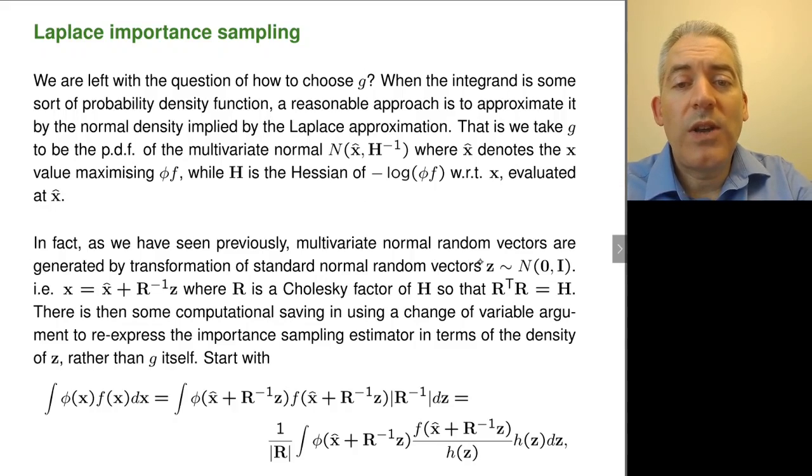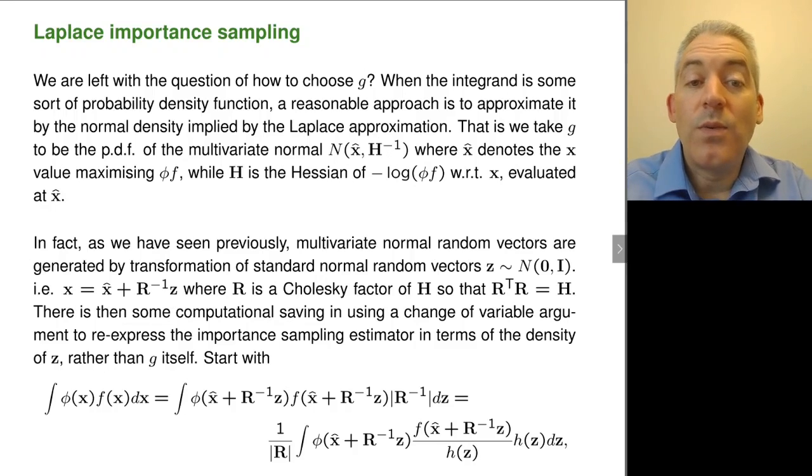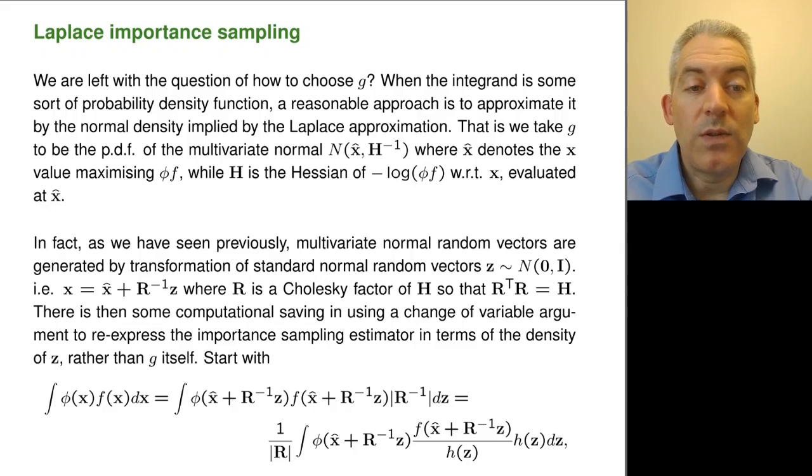So we're going to switch to thinking about z, which is standard normal, but we're going to use this transformation here in order to get x values from this multivariate normal that we're interested in. And again, we're going to use our Cholesky factor to do that. So we've seen how to do that already. This is all stuff we've seen before.